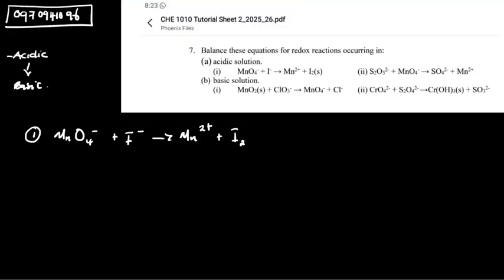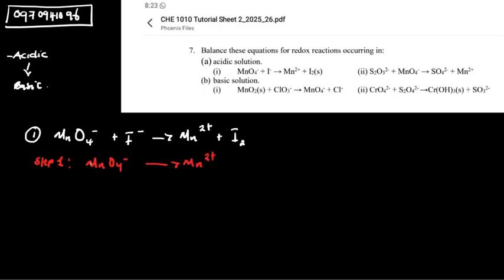Step 1 says you have to relate the half reactions, okay? What it means is you are looking at which one will produce manganese, and which will produce iodine. So those are the two half reactions. In this case, the two half reactions we are going to have are: the permanganate ion, MnO4 minus, will produce just the manganese ion.